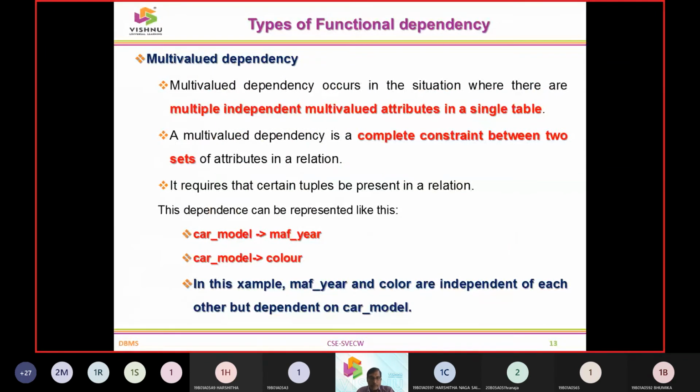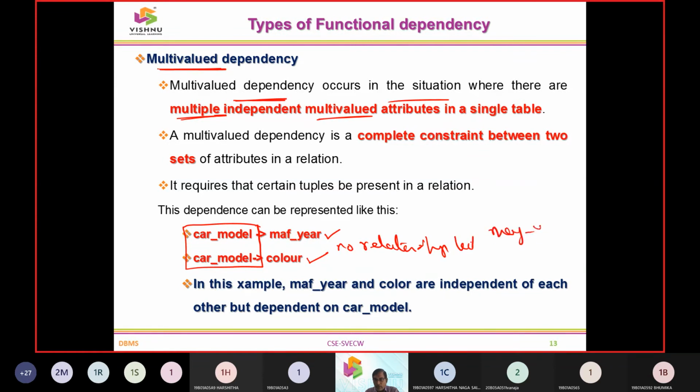So we talked about functional dependencies. There we talked about trivial functional dependency. Then we talked about multi-valued dependency. In multi-valued dependency, we have multiple independent multi-valued attributes. The multi-valued attributes are manufacturing year and color. Both of them are useful to get the car model, but there is no relationship between manufacturing year and color.